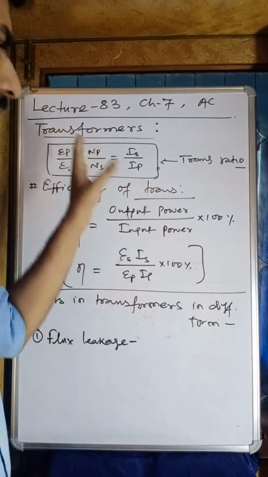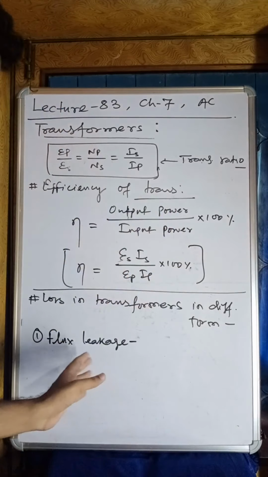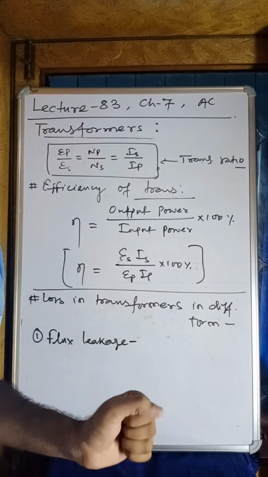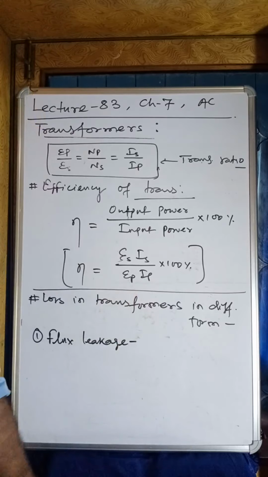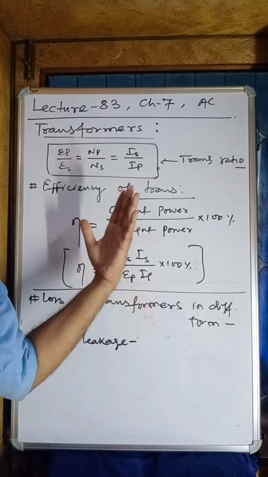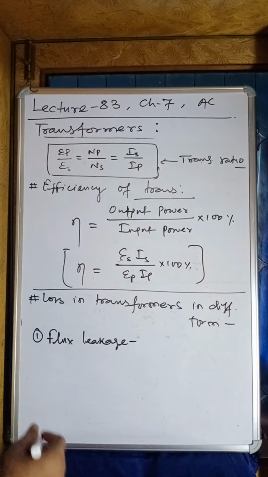We will lose the formula. That ratio will not be stable. Alright, so this is the flux leakage. To maintain low flux leakage, we use a soft iron core as a ferromagnetic substance, which gives a channel for the magnetic flux to be easily linked with the secondary coil. Alright, my dear students.